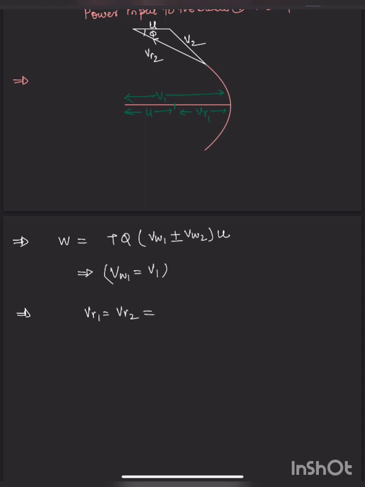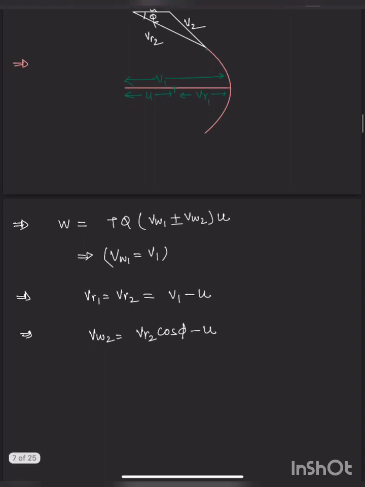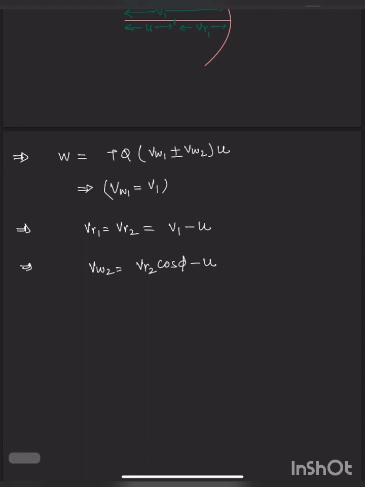Since VR1 is equal to V1 minus U from the inlet diagram, to calculate VW2, we have VW2 is equal to VR2 cos phi minus U. Putting the value of VR2, we get V1 minus U cos phi minus U.